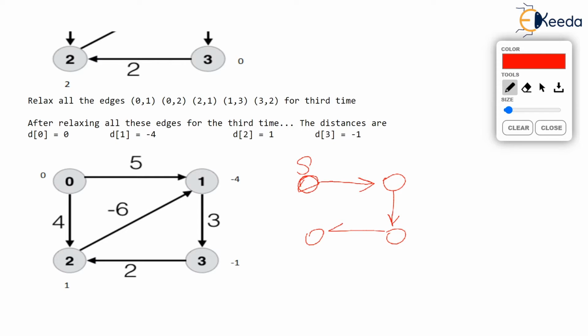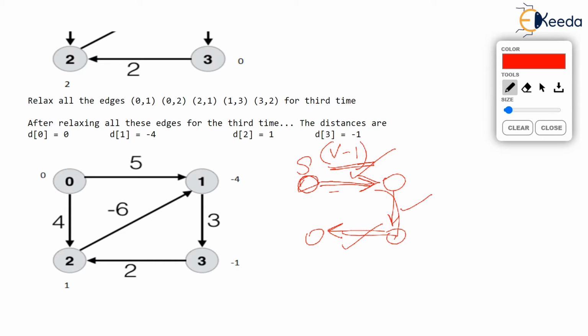The longest path can be 3: 1, 2, 3. That means the longest path reachable from S to any other vertex can be of length v minus 1. So by processing all the edges v minus 1 times, we ensure that now definitely we should get the answer.